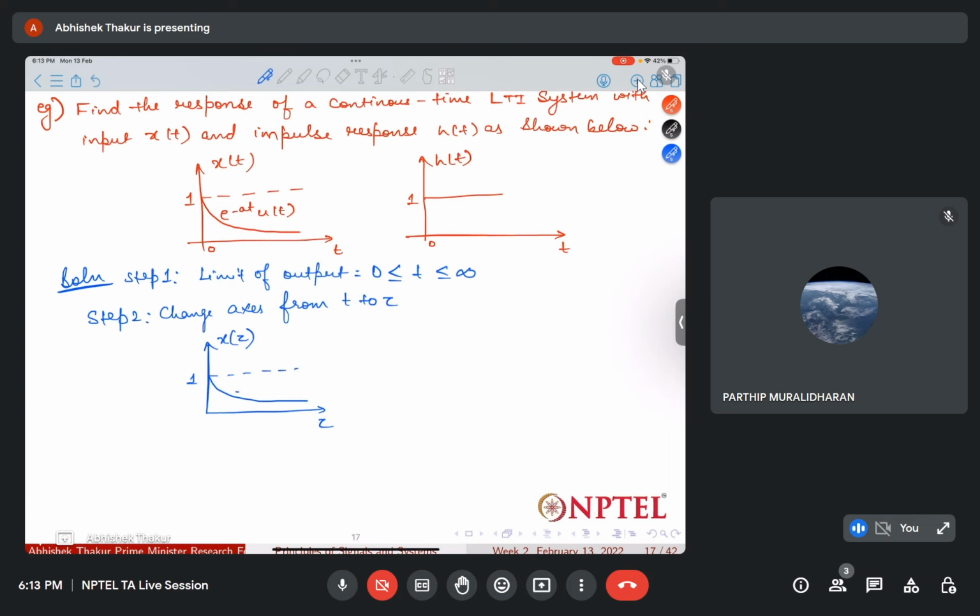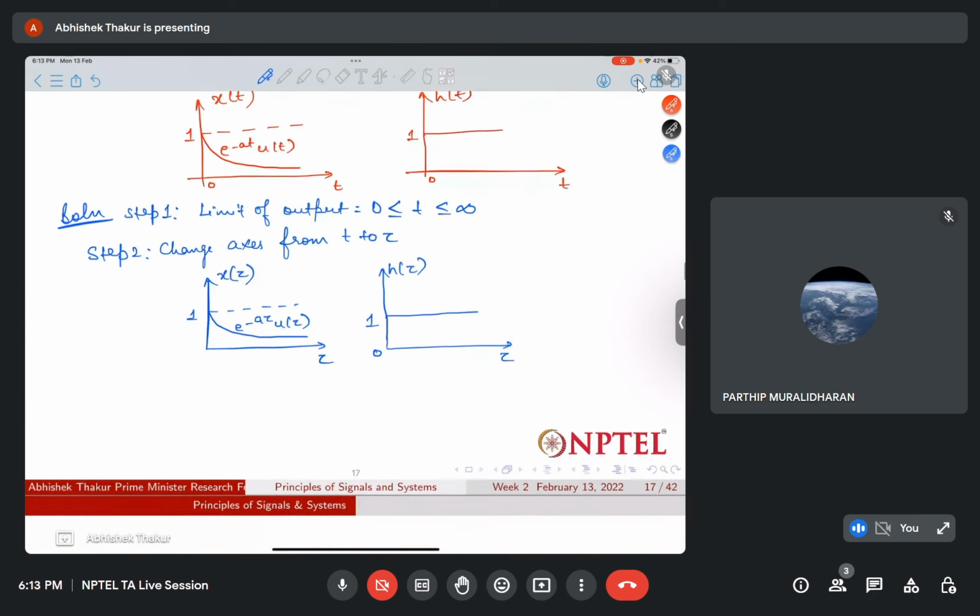This is 1, e to the power minus a tau u tau. Now the third step is the folding step. In that we have to find h minus tau, which will be the mirror image along the y-axis. So it will be like this.